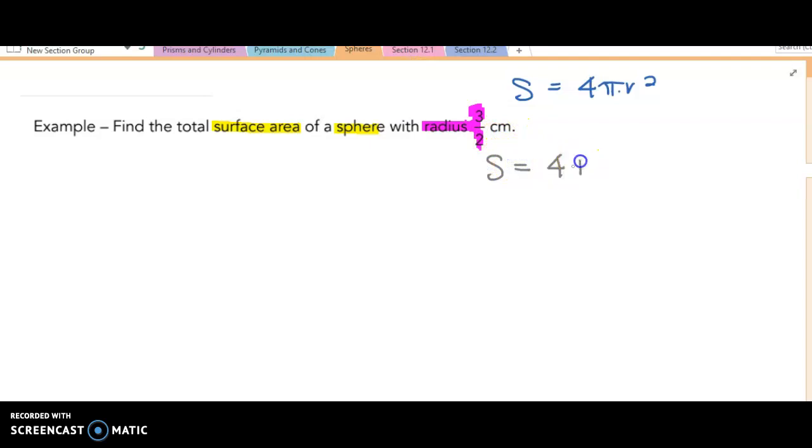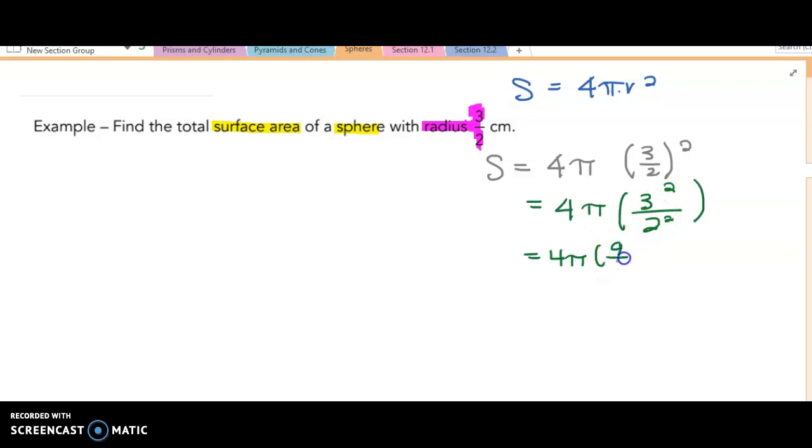So I'm going to go ahead and plug that in. So surface area equals 4 pi times 3/2 squared. Now anytime I have a fraction that's squared, this is the same thing as 3 squared over 2 squared. You have to square both the top and the bottom, which is 4 pi times 9 over 4.